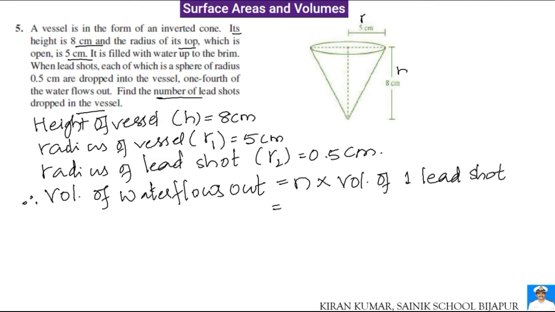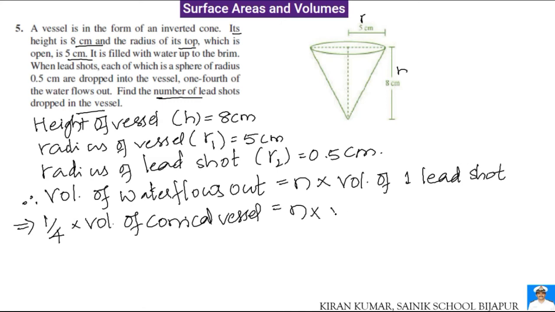So volume of the conical flask, conical vessel, 1/4 has come out. So one fourth of the volume of conical vessel will be equal to the number of lead shots into the volume of one lead shot.